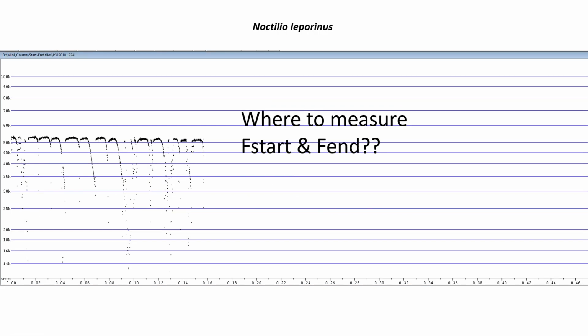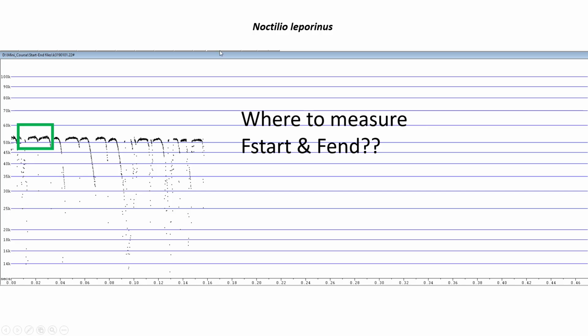Here we go, another family, another genus and species, Noctilio leporinus. Where to measure start and end frequencies? Well, in some cases, depending on the distance from the bat, you only pick up these types of calls. And we'll revisit this shape of call with an entirely different family, genus, and species in just a moment.